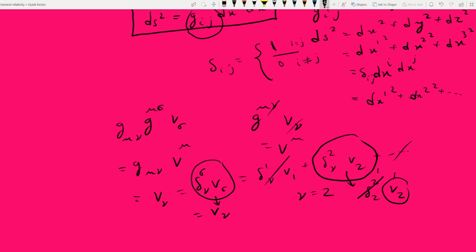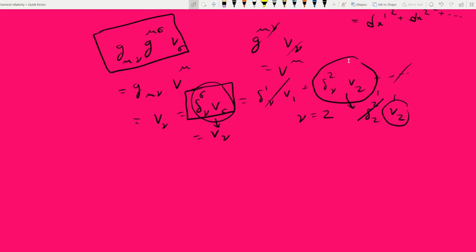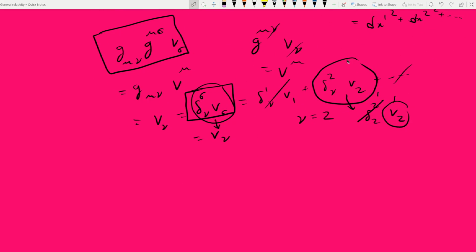That's the same thing. Now if this equation holds, then we can say this equals that, right? So let's write it at the bottom: this should be g mu nu of g nu sigma v sigma equals, say, Kronecker delta nu v sigma.